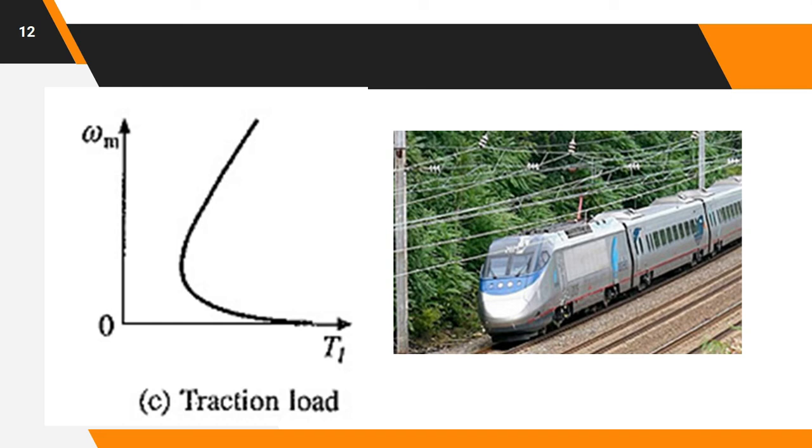On turns, the force of friction on the wheels changes, and with upward and downward slopes the gravitational force also acts differently. Thus traction is an example where the load torque also depends on position and the path followed by the load. So this is one example where position and path also we have to consider.